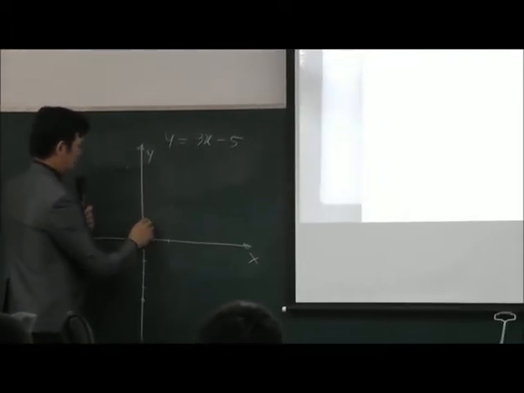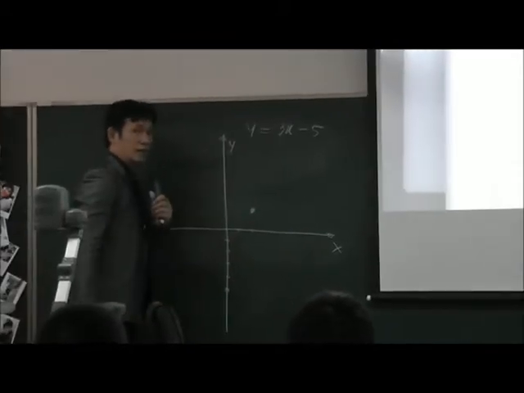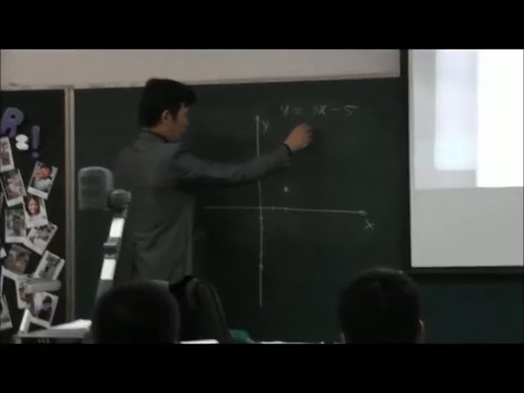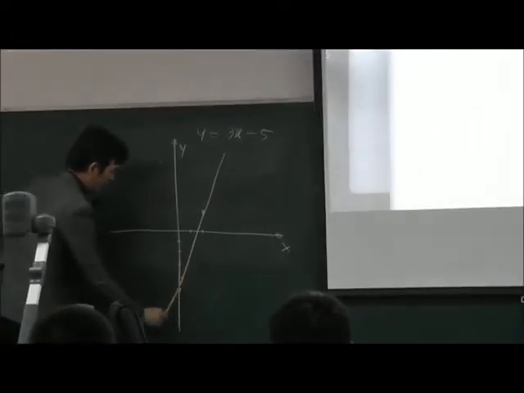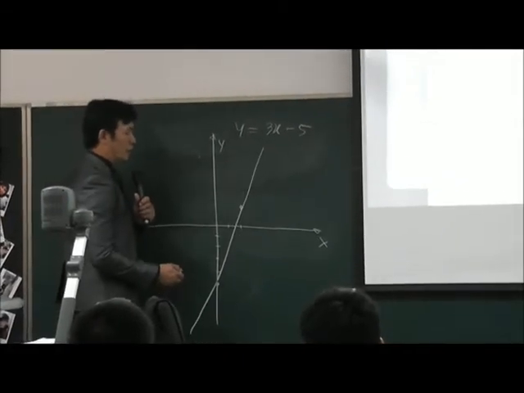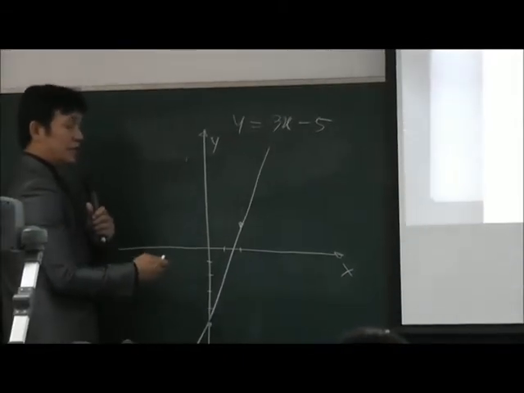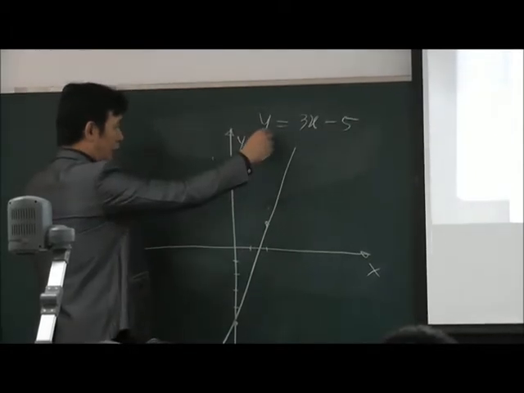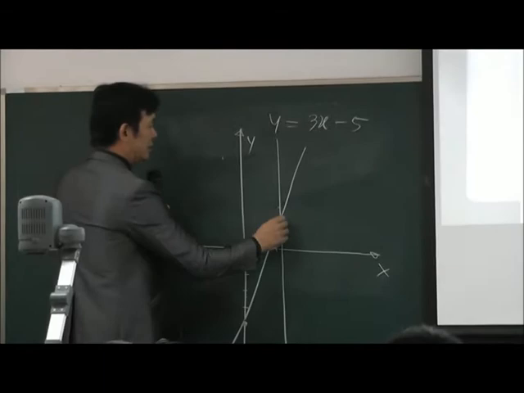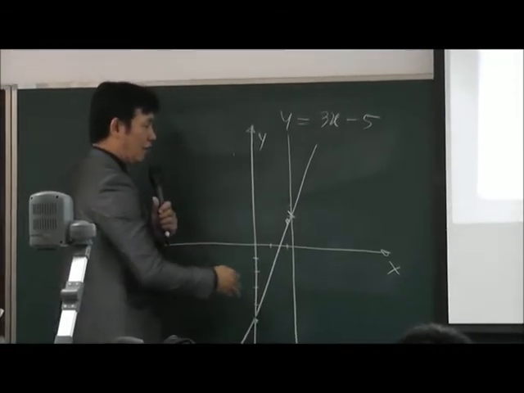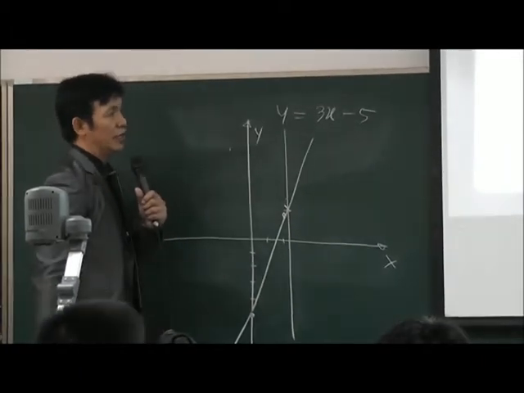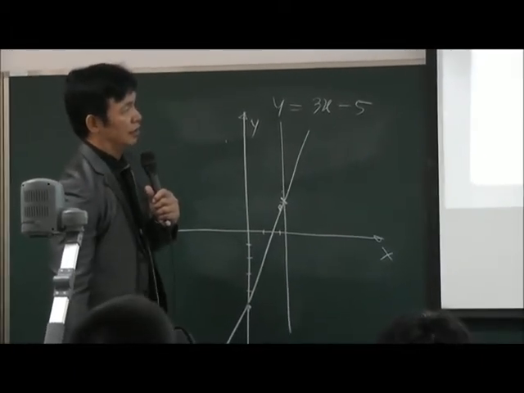Very good. After that, we can draw the line because we know before that this is a line. After we get the graph, we check whether it is a function by drawing a line parallel to the y-axis. It cuts at one point only, everywhere, for every position of x. So we can decide this is a function.